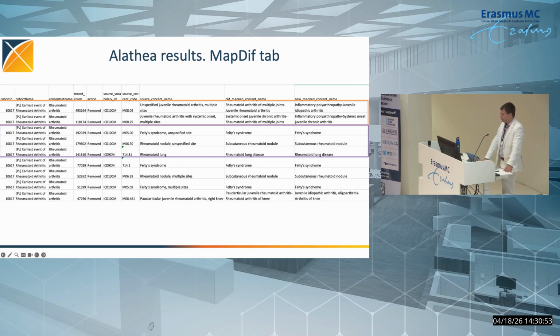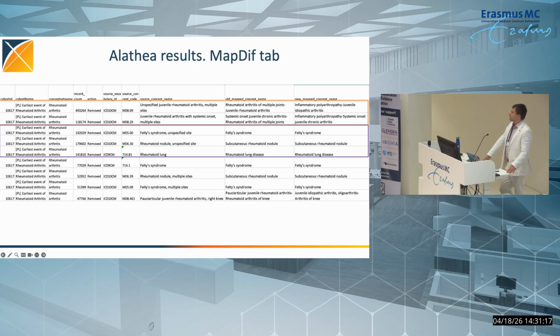Okay, so yes, and this tab, unfortunately, or probably unfortunately for the maintainer because it adds more work, is not empty, right? Here you see that in the first row, unspecified juvenile rheumatoid arthritis is removed.